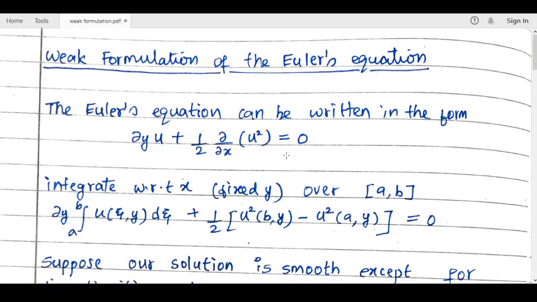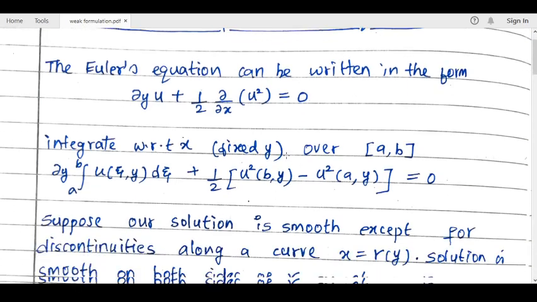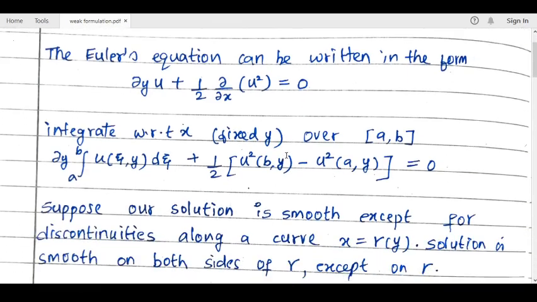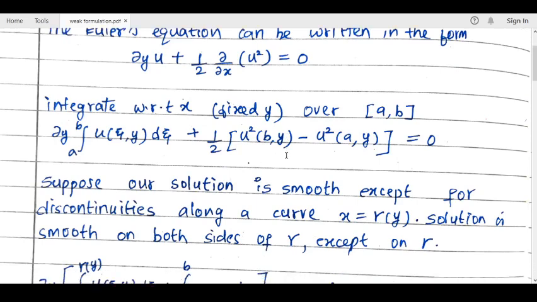Now we will integrate this with respect to x, keeping y fixed, over the interval a to b. Here we have a partial derivative with respect to y, and we are integrating with respect to x, so we can take it outside and integrate from a to b. u is a function of x and y.